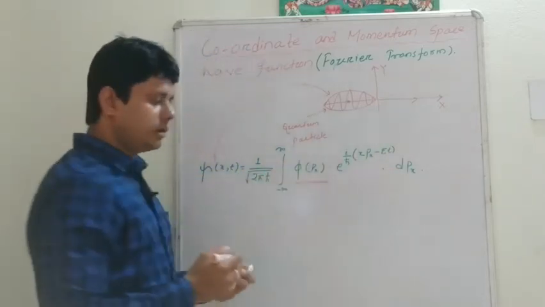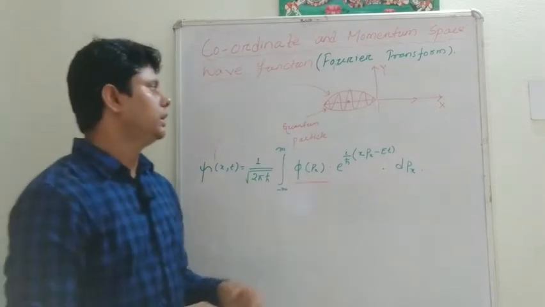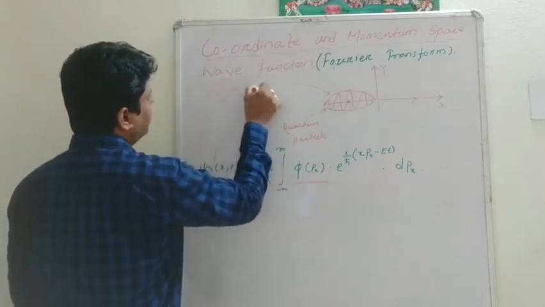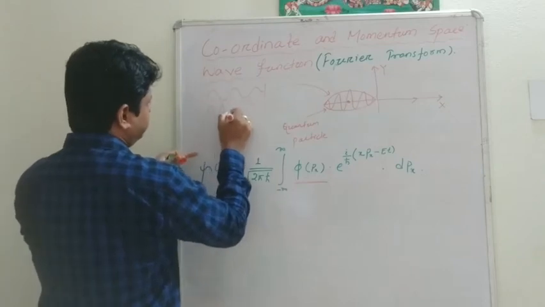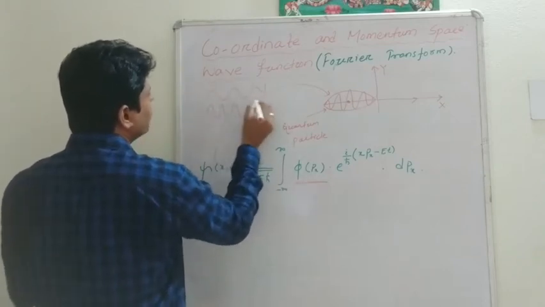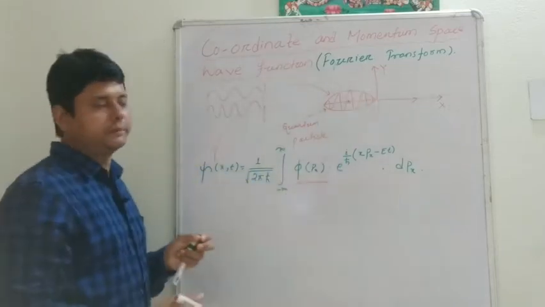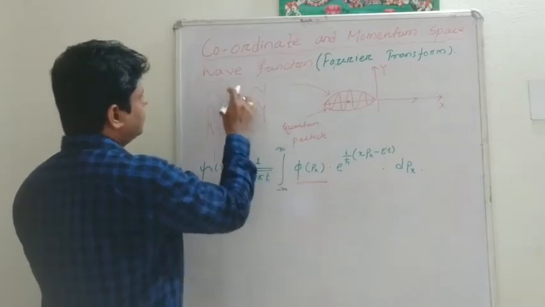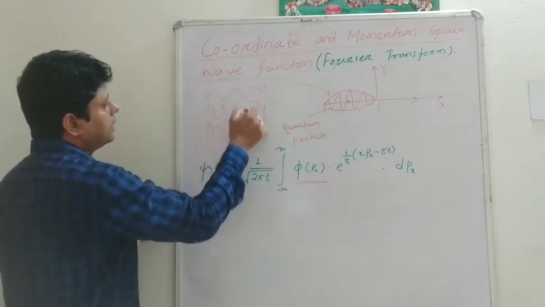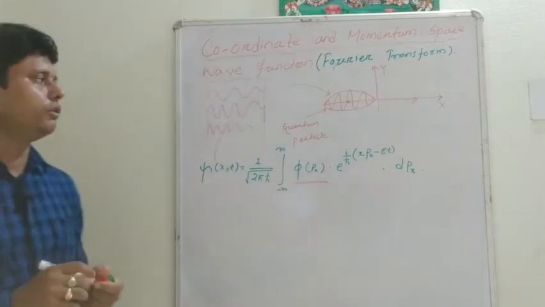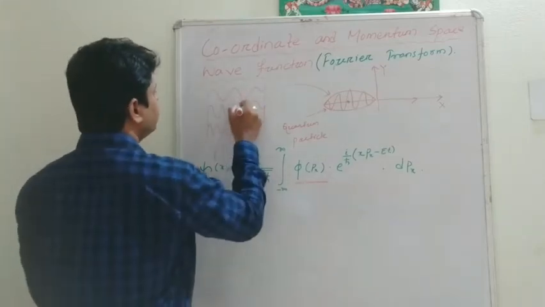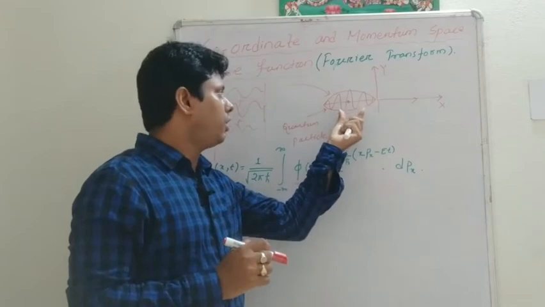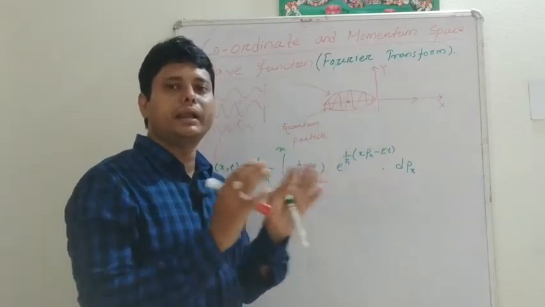into dpx. We found this term by considering that a number of waves having slightly different frequency or wavelength are superimposed with each other. These waves have slightly different wavelengths, and if we superimpose all the waves, then we get a wave packet, which is the representation of a quantum particle.